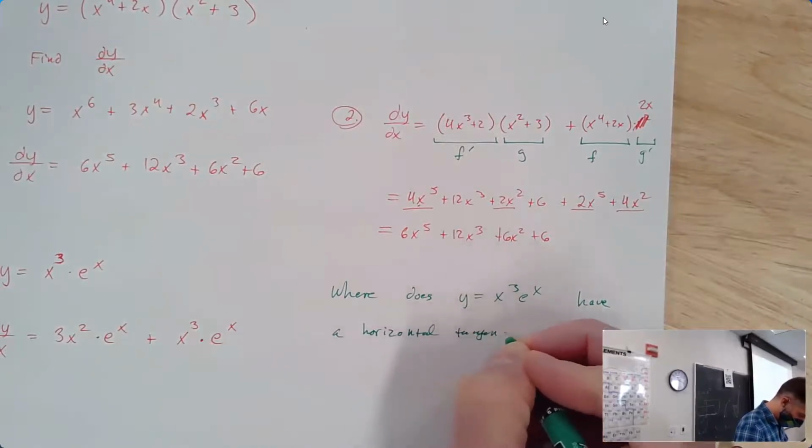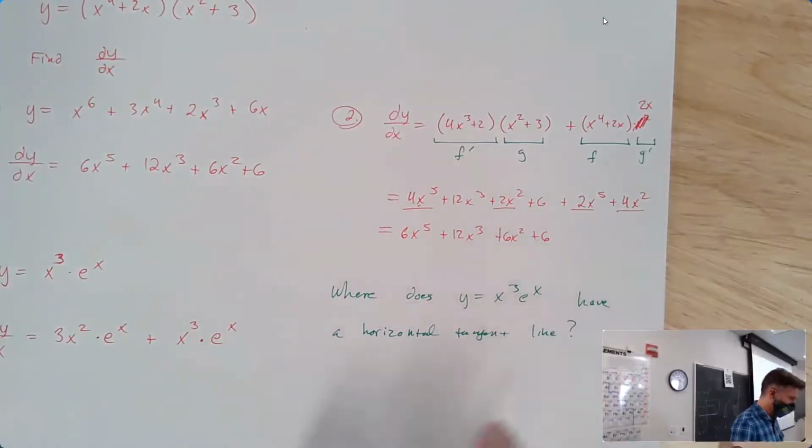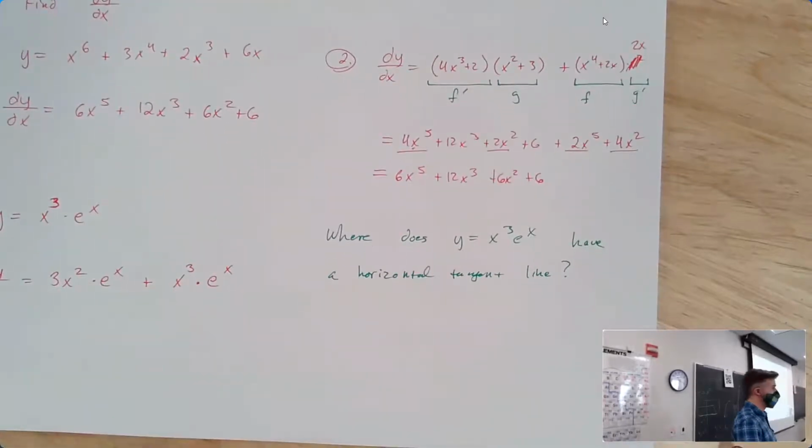That's just code, but what are they actually asking for? They're asking where the derivative is what? Well, the tangent line is horizontal, so the slope of the tangent line is 0. So when someone says, where does this function have a horizontal tangent line? They're really just asking, where does this function have a derivative that's equal to 0? So we want to set the derivative equal to 0.